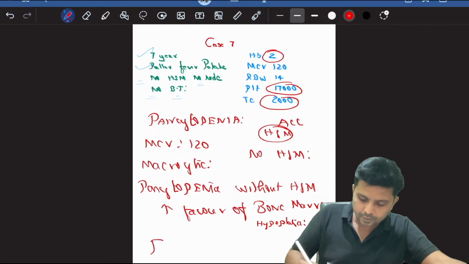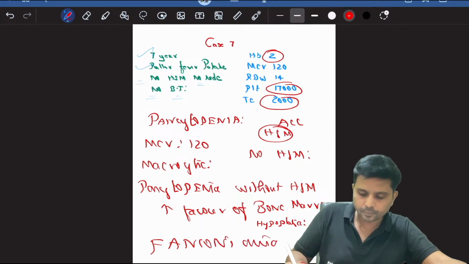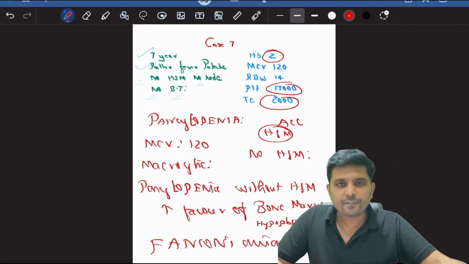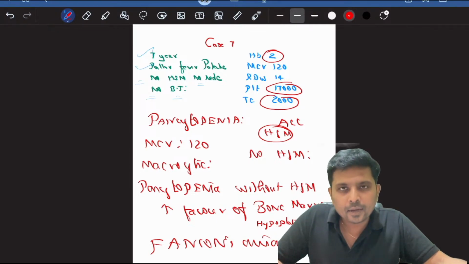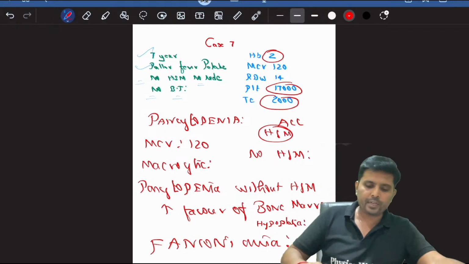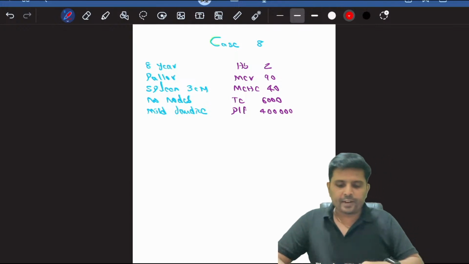So probably this is a case of Fanconi anemia. Pancytopenia without hepatosplenomegaly with high MCV is an inherited bone marrow failure syndrome.